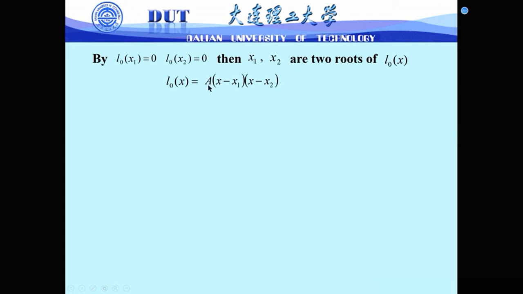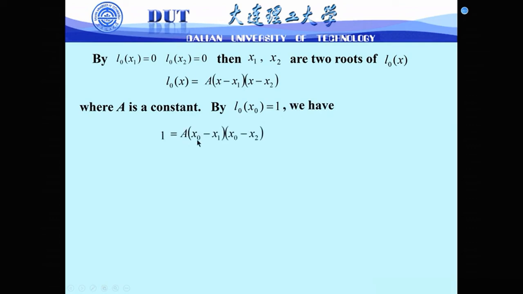Here, we use a. A is a constant, right? Now, we have this condition, L0(x0) equals 1. So that means 1 equals a multiplied by (x0 minus x1) multiplied by (x0 minus x2). Of course, we know a should be 1 divided by (x0 minus x1)(x0 minus x2).